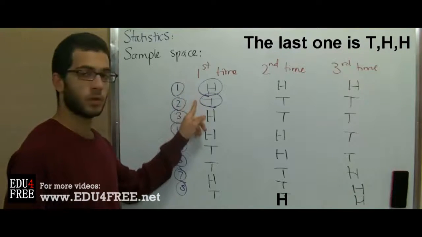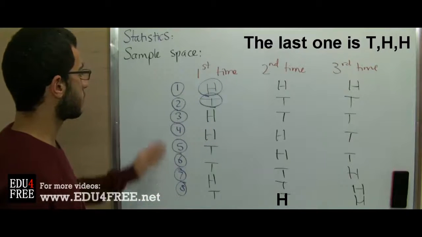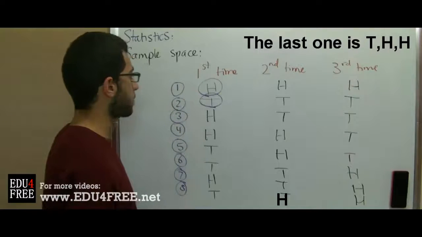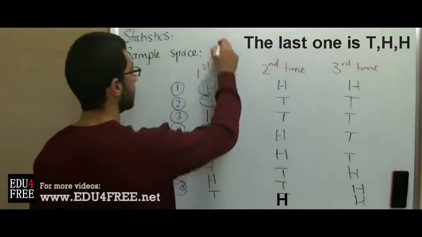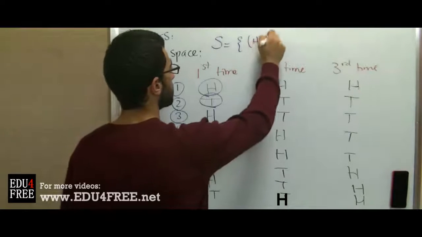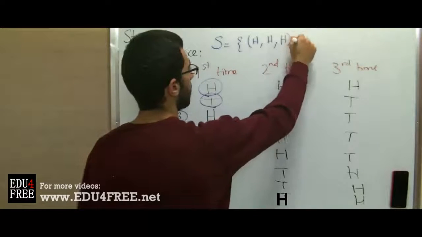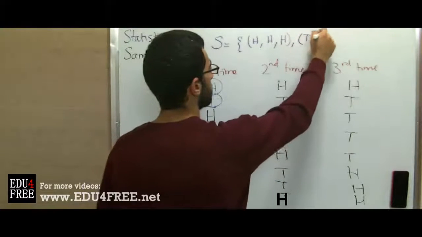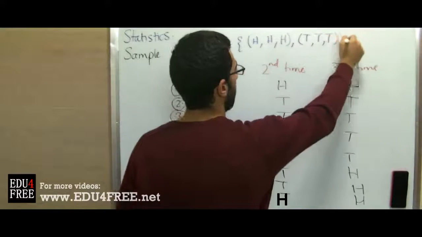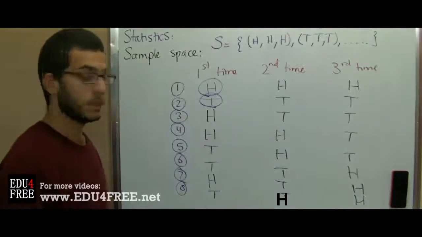We raised 2 to the power of 3, so we got 8 possible outcomes. So the sample space will contain 8 possible outcomes, and we write them this way. The first one will be heads, heads, heads, then we close the bracket, and then we type the next, tails, tails, tails, and so on, till the sample set ends.